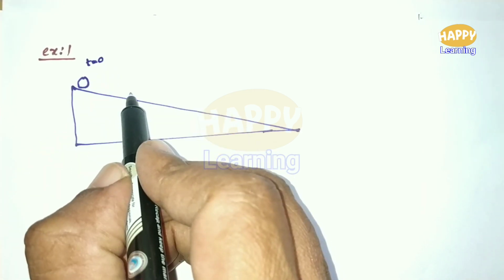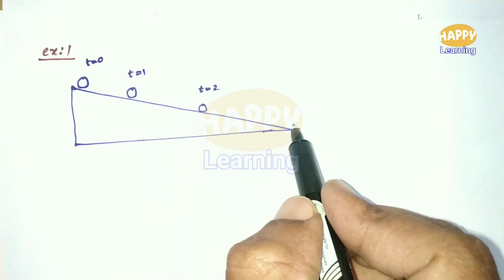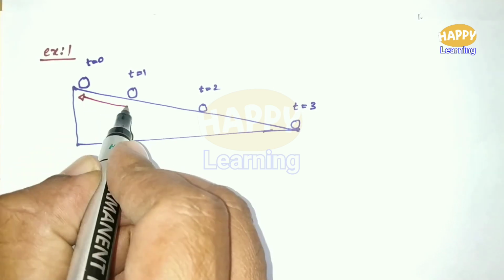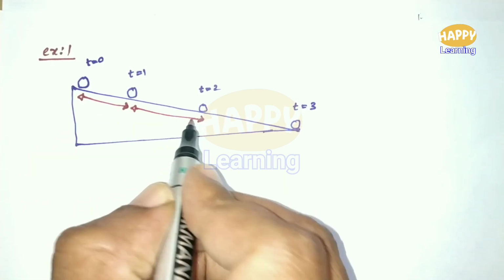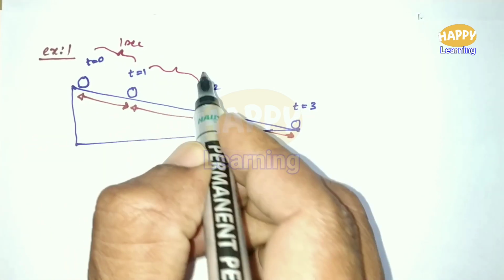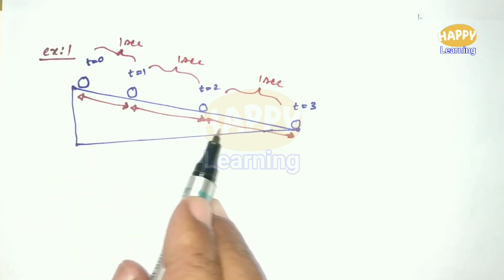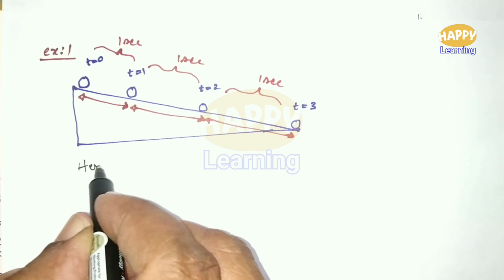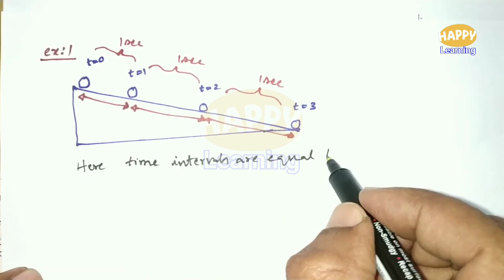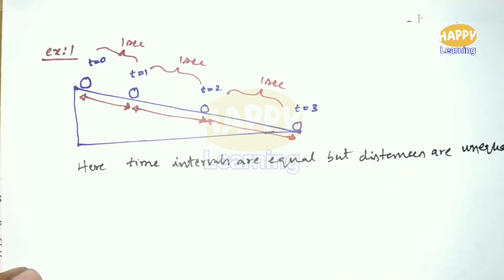Example 1. There is an inclined plane, a sphere is dropped. At t equal to 0 it is somewhere here, at t equal to 1 it is somewhere here, at t equal to 2 it is somewhere here, at t equal to 3 it is somewhere here. Here the distances covered in 1 second, next second, are not equal. Here the time intervals are equal, but the distances are unequal.